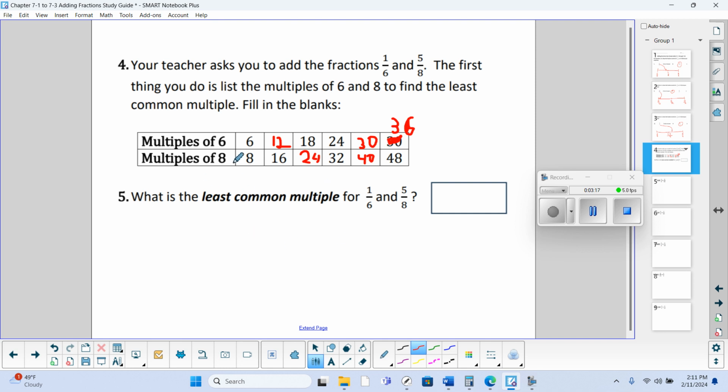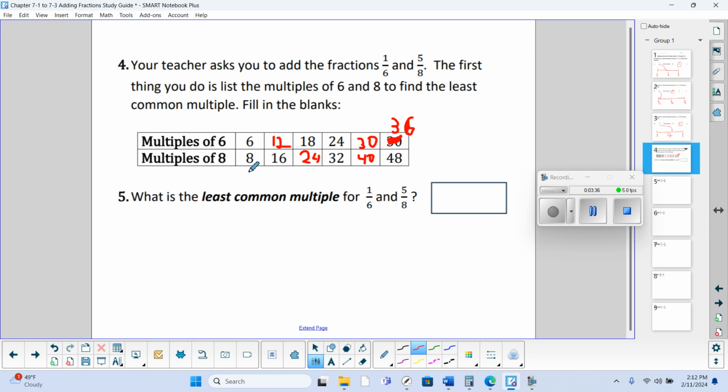Before I go on, I actually don't like doing times 1, times 2, times 3, times 4, times 5, because if I know how to just count by sixes, 6 plus 6 is 12, plus 6 is 18, plus 6 is 24, plus 6 is 30, plus 6 is 36. Same thing here.